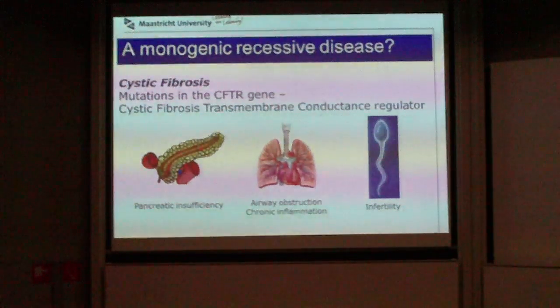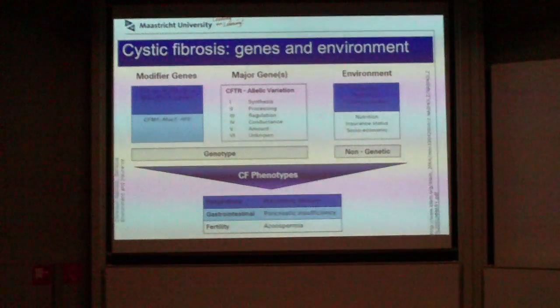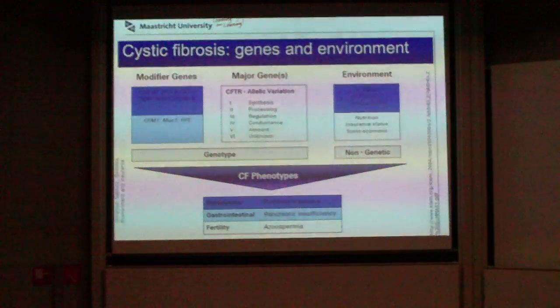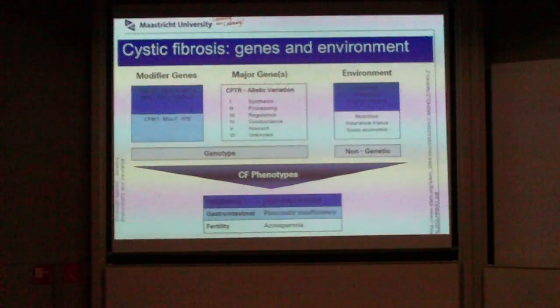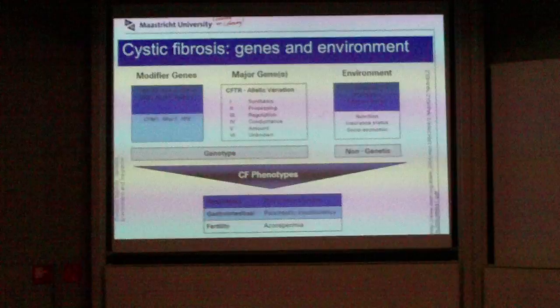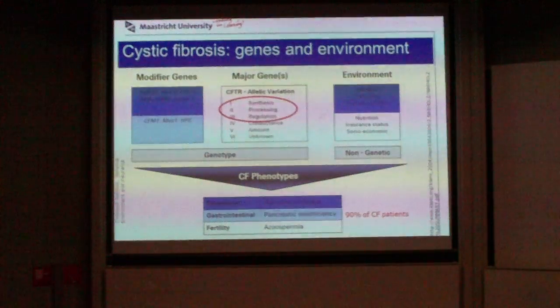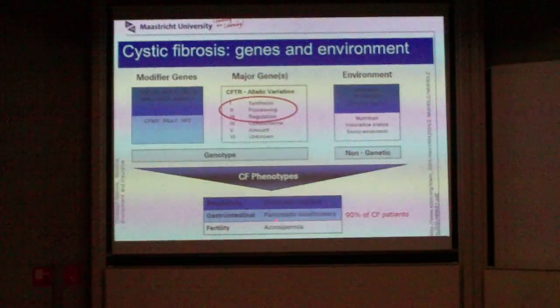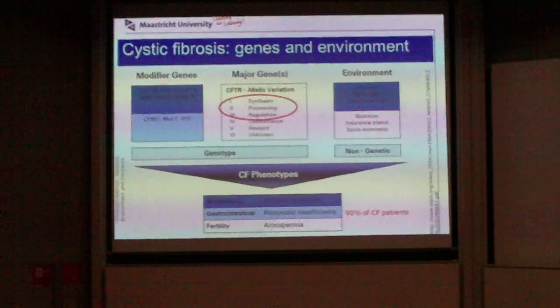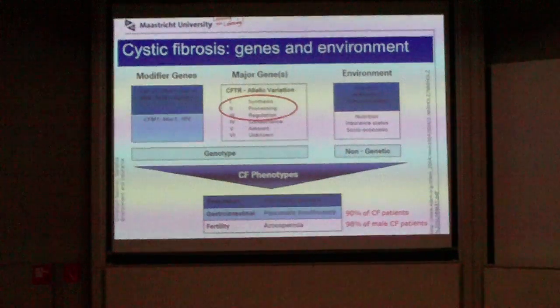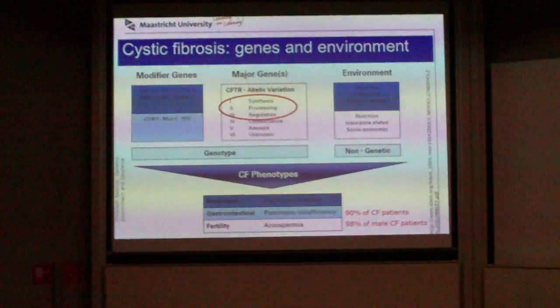Now, if you look here, because we know there's a mutation in one gene involved, it still has a lot of environmental factors and modifier genes, in addition to this specific known gene that has different allelic variations, so there are different forms of it. If you have these forms, we know that pancreatic insufficiency occurs in 90% of the patients, but not all. You see that in most male cystic fibrosis patients, fertility is clearly affected.